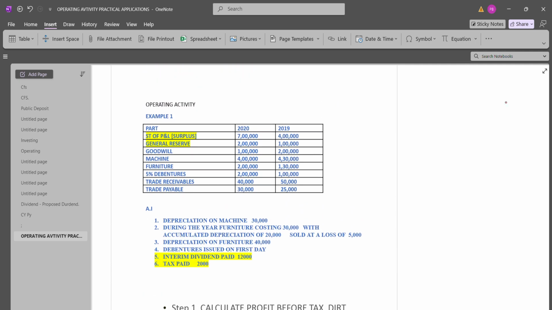This is the example. You are given an extract of the balance sheet.